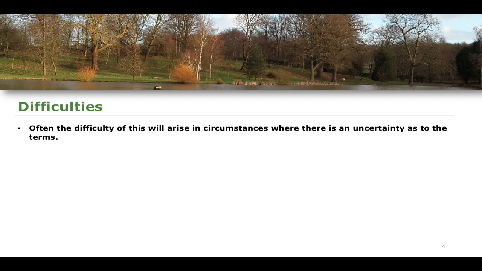Often, though, the difficulty will arise in circumstances where there may not be this kind of level of certainty as to the terms of the agreement. This can be with the use of what are known as periodic tenancies. We will get onto the different types of leases in future lessons, and we will touch on periodic tenancies in those as well. But for now, we need to talk about it with reference to the certainty of term, or should I say, more likely, the uncertainty of term.